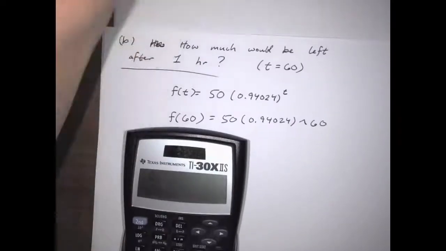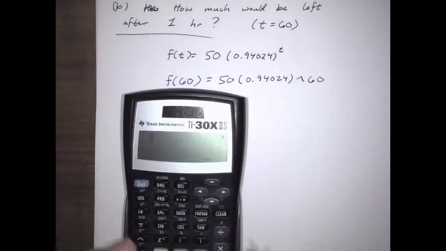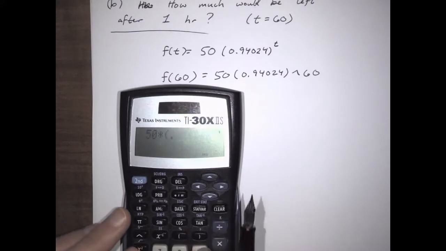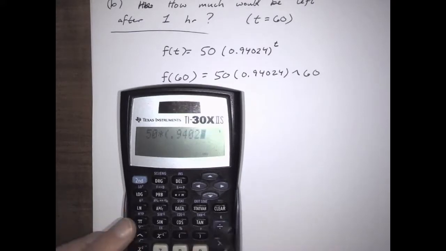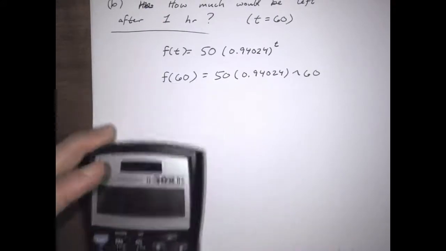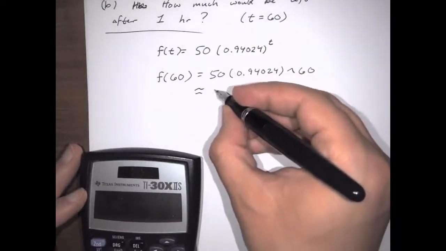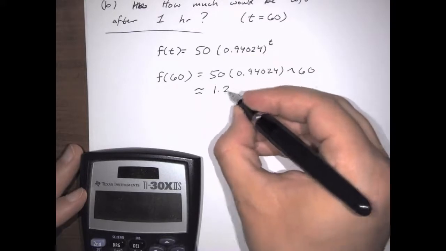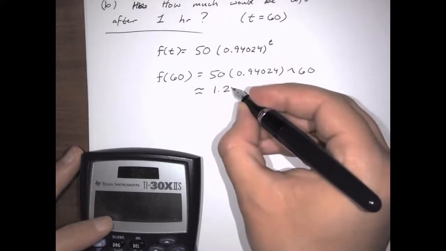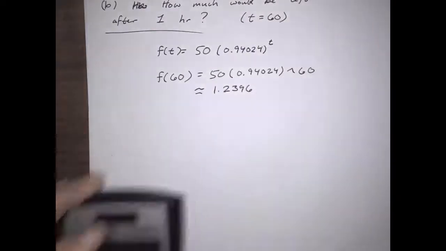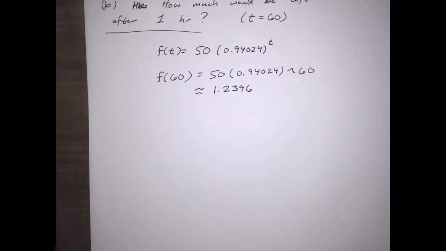Alright, so now we play the calculating game. 50 times 0.94024 to the 60th power. And what we find is that if it's going to be losing so much every 10 minutes, then by the end of an hour, 1.2396, it'll be down to a small fraction of what it started with.